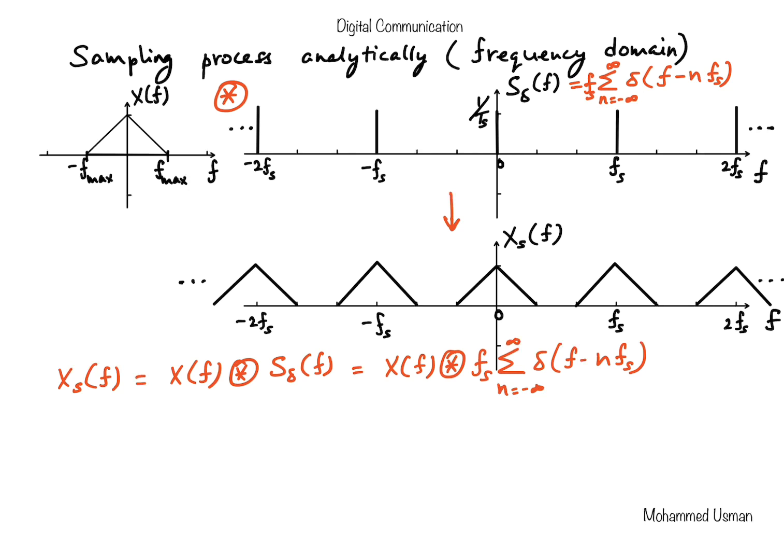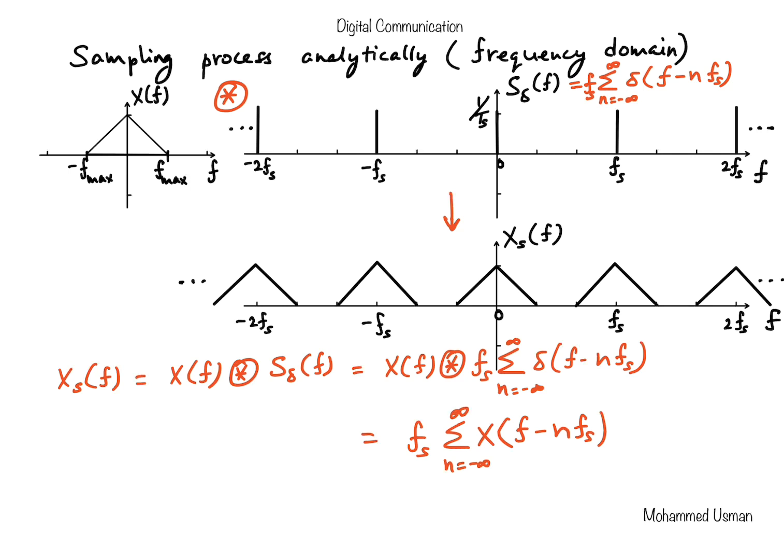So that is the analytical representation of the sampled signal's spectrum, and we could simplify that as simply fs times the summation of X of f minus n fs, where n goes from minus infinity to plus infinity.